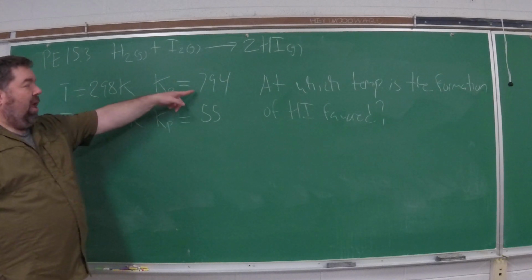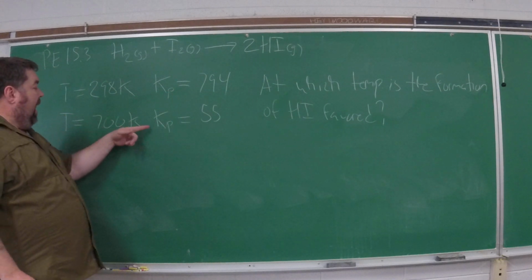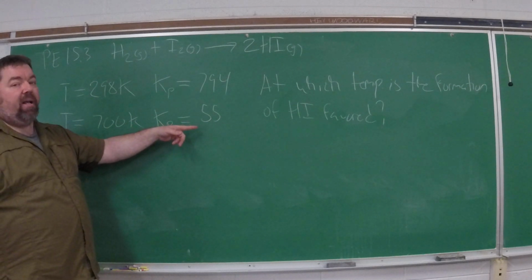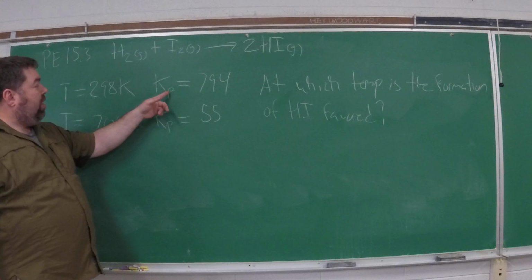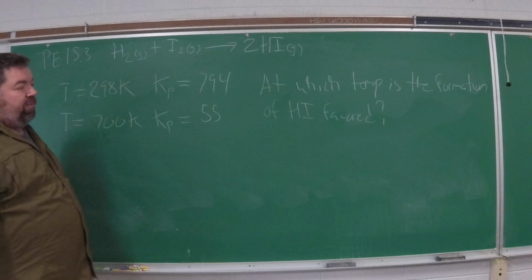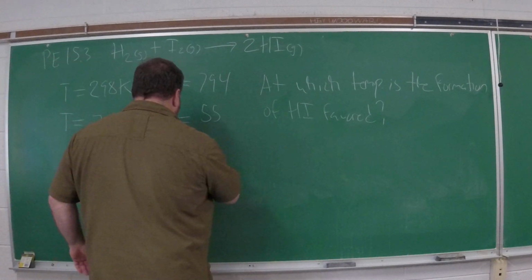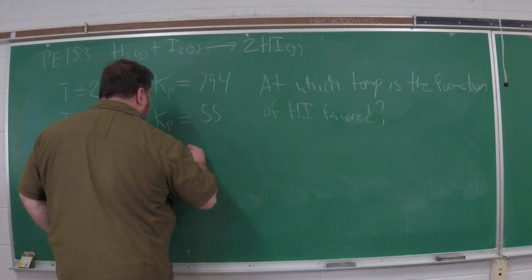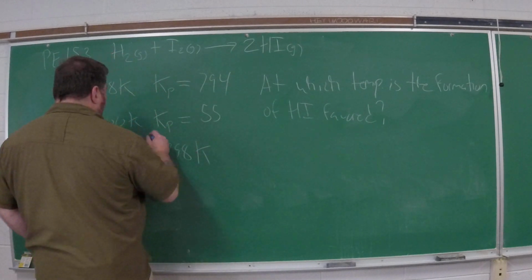So at 298 Kelvin, Kp is 794. At 700 Kelvin, Kp is 55. So both of them favor the products. However, at temperature 298, Kp is much larger. So temperature of 298 Kelvin.